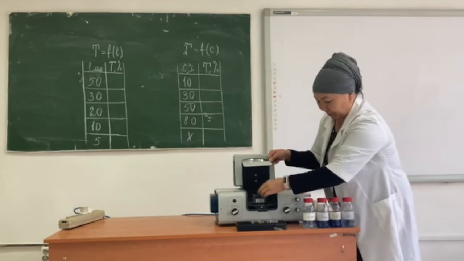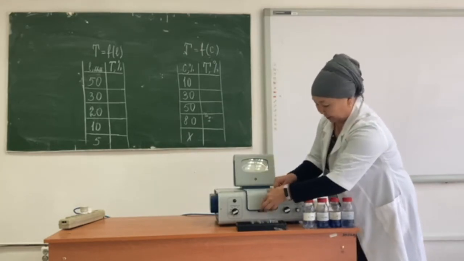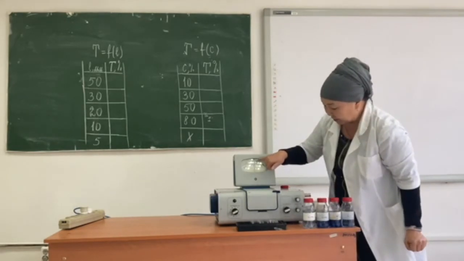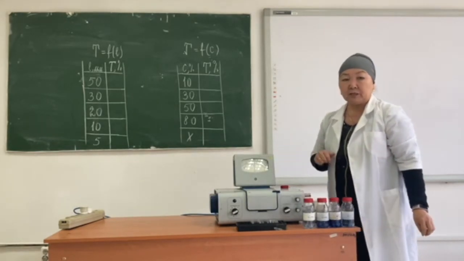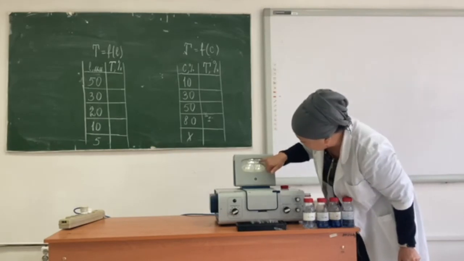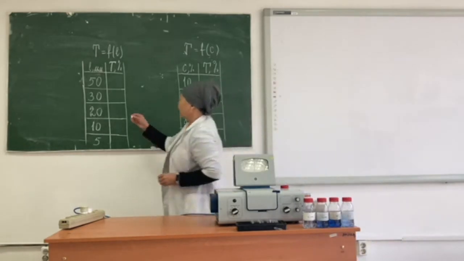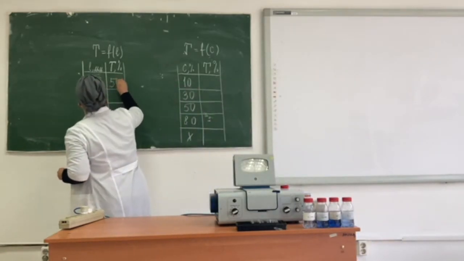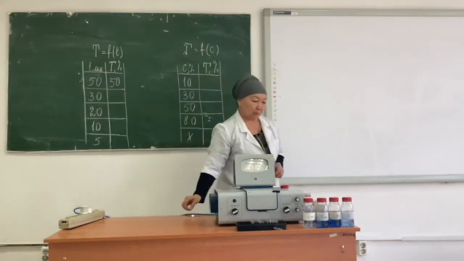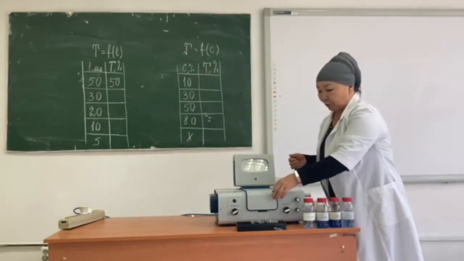After that, we change the position of the table so that the light passes through the colored solution. By reading the scale, we can determine the transmittance. For instance, with a 50 mm long cuvette, the transmittance is 50%. This means that 50% of the light is absorbed by the colored solution.